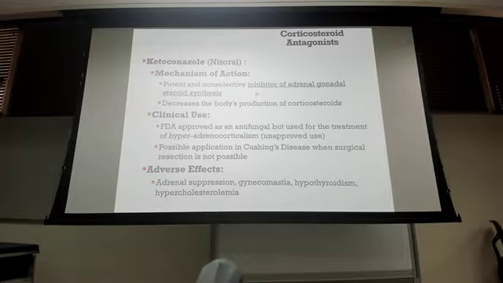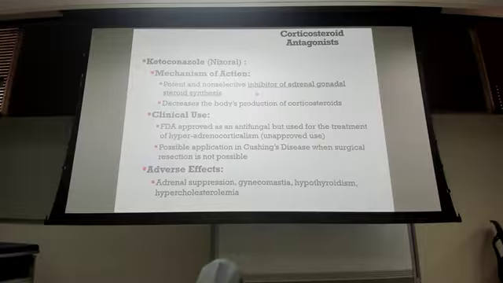Does this look like it belongs here? We have ketoconazole. It is classified in a different class. What class do we typically see this in, and where do we learn this? But because it blocks steroid production, it has those properties as well.